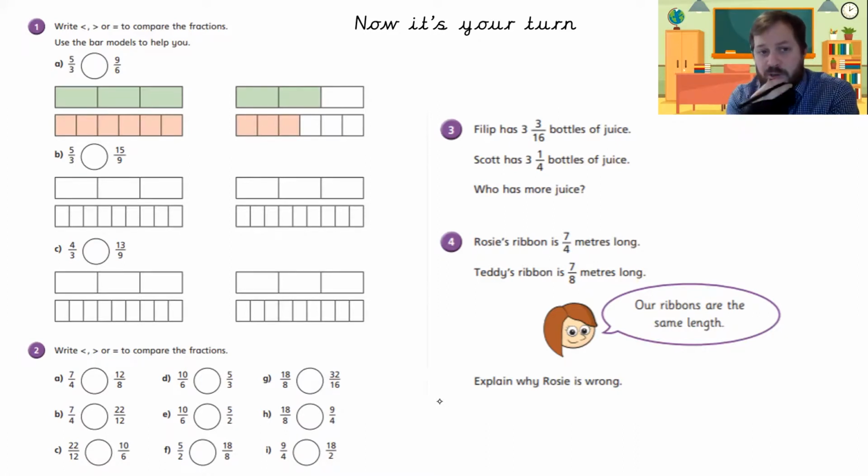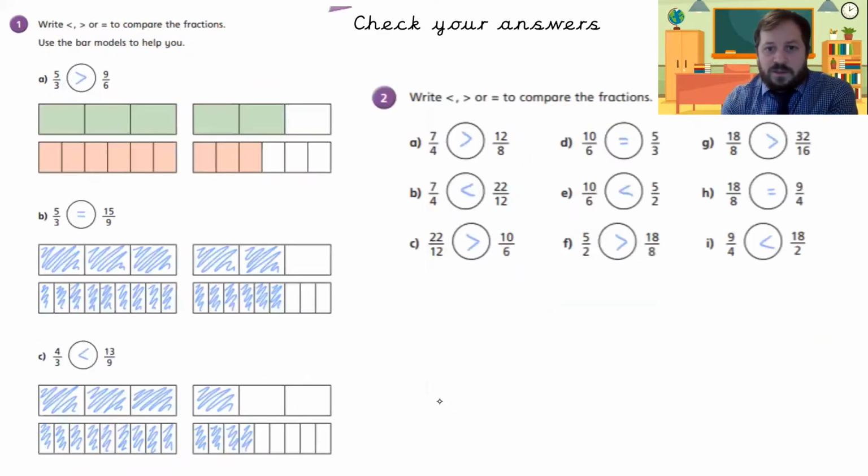Okay, let's go through the answers. So first off, the answers for 1 and 2. First one is drawn for you, so it's just a matter of working out which one's larger, which is 3/5. Second one, you have them drawn out, you just fill them in and you'll find out that actually they're the same. And then the same as the next one, fill them in and work out that 13/9 is larger.